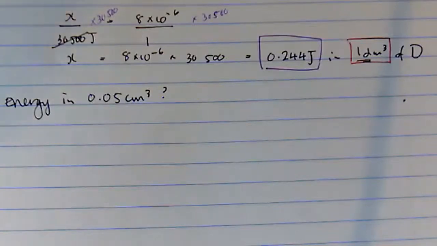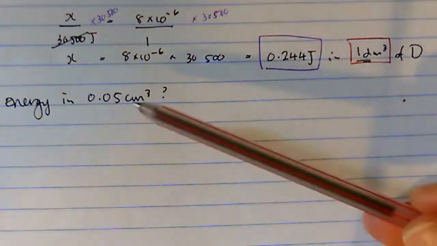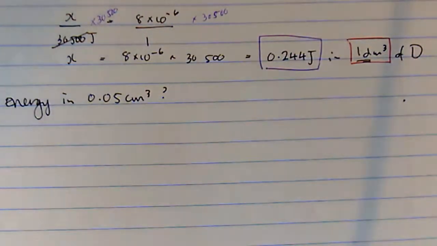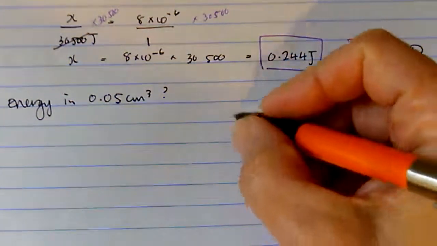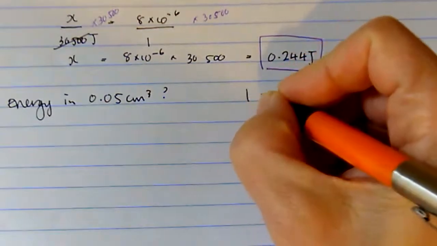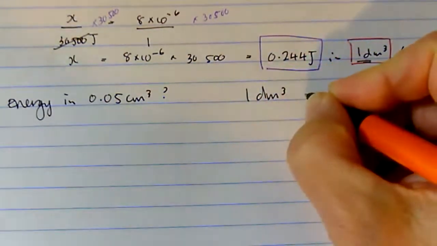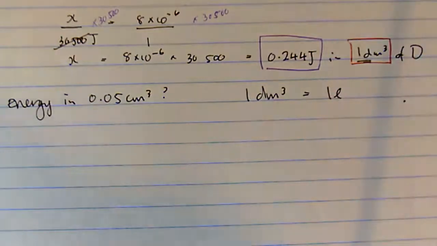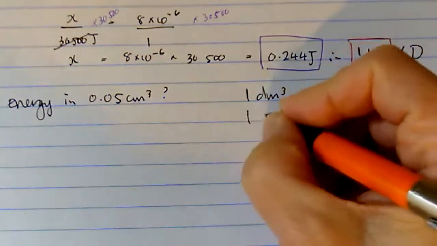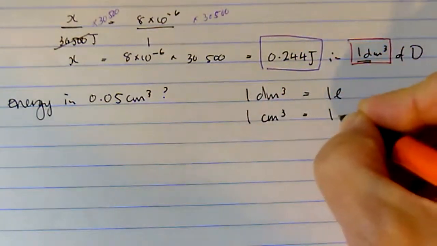So units are an issue here. So we need to now convert from decimeters cubed to centimeters cubed. So we've already said that 1 decimeter cubed, we know, is essentially 1 litre. Okay, we know that. We should also know that 1 centimeter cubed is equal to 1 milliliter.